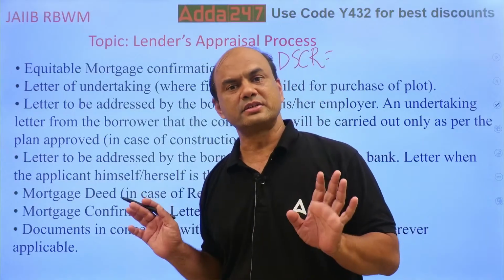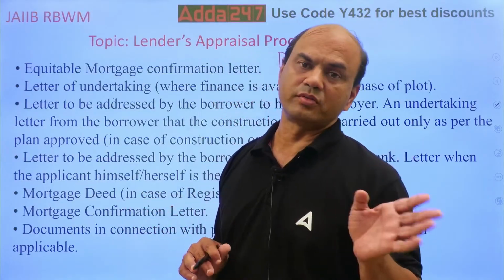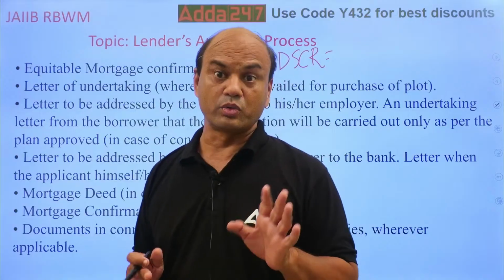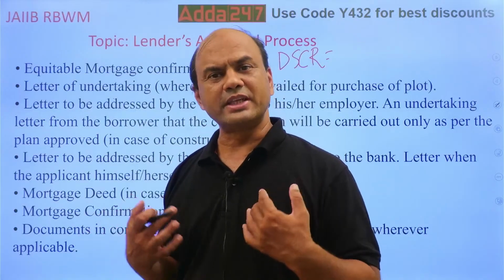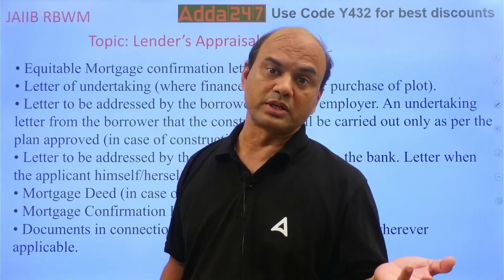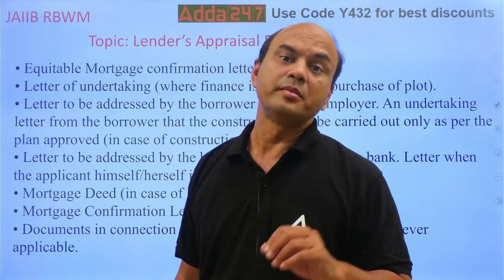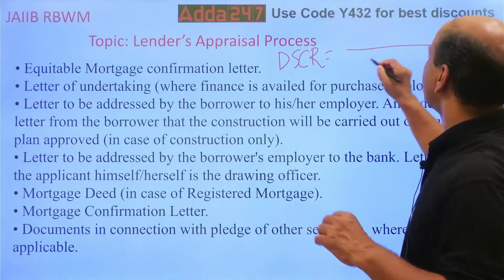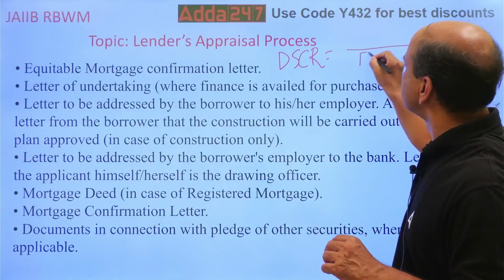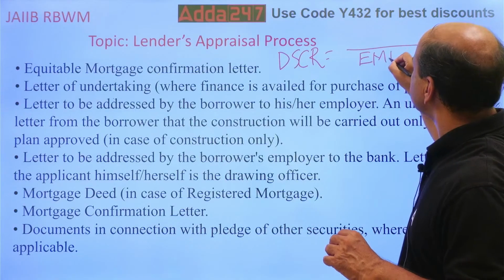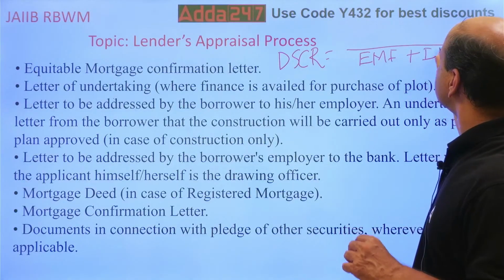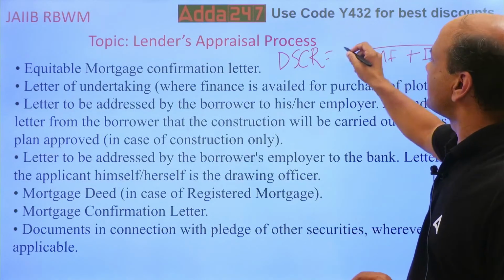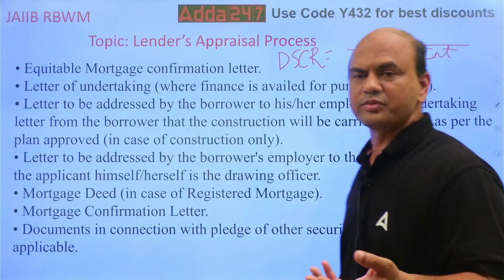In the denominator, it is total EMIs, on whatever you are having. If I am a salaried person and I have, let's say, 2-3 earlier loans, these EMIs will be added, plus again interest on long-term loan. So here again there are two parts, EMIs plus interest on long-term loan. In the numerator, it depends on what class of customer you are.